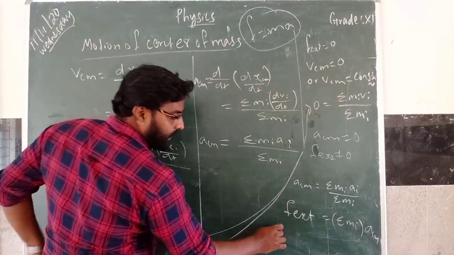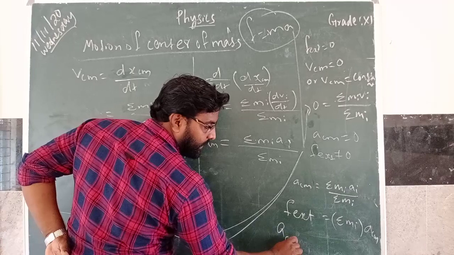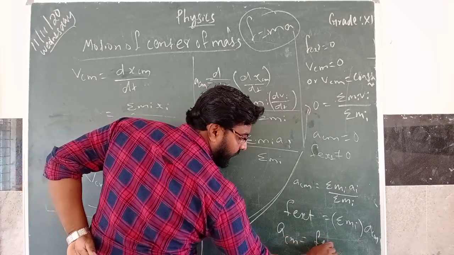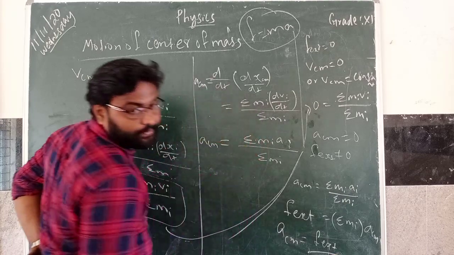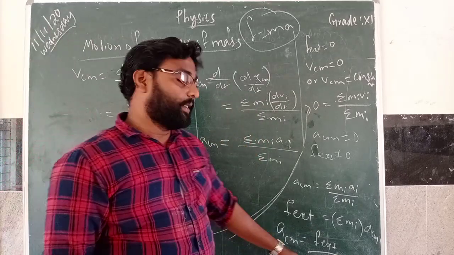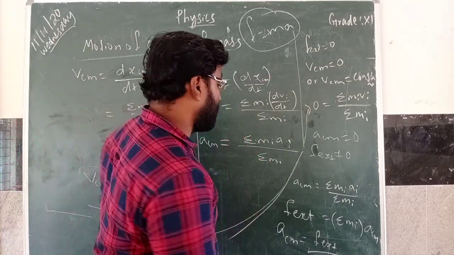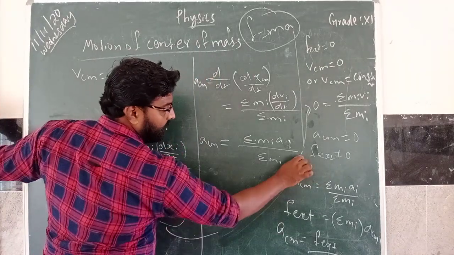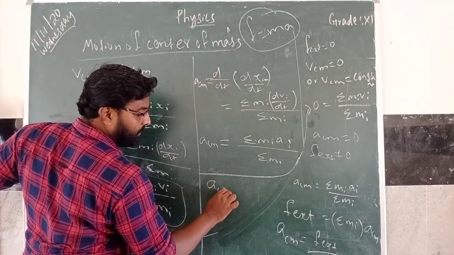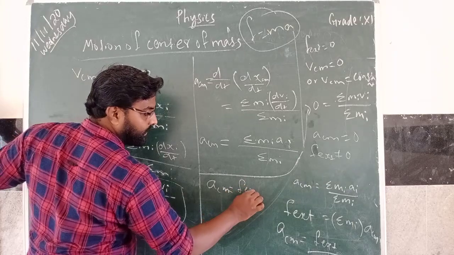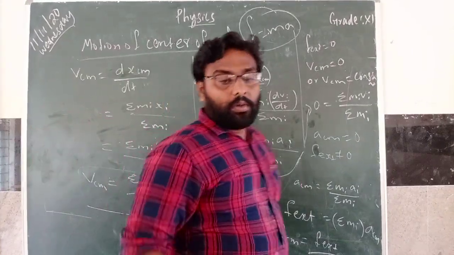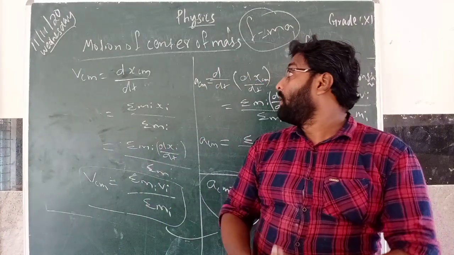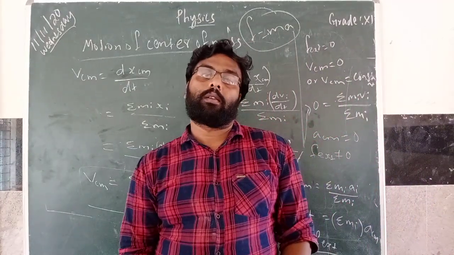From this, acceleration is F external divided by sigma mi, and sigma mi means the total mass. So acm is F external divided by capital M.